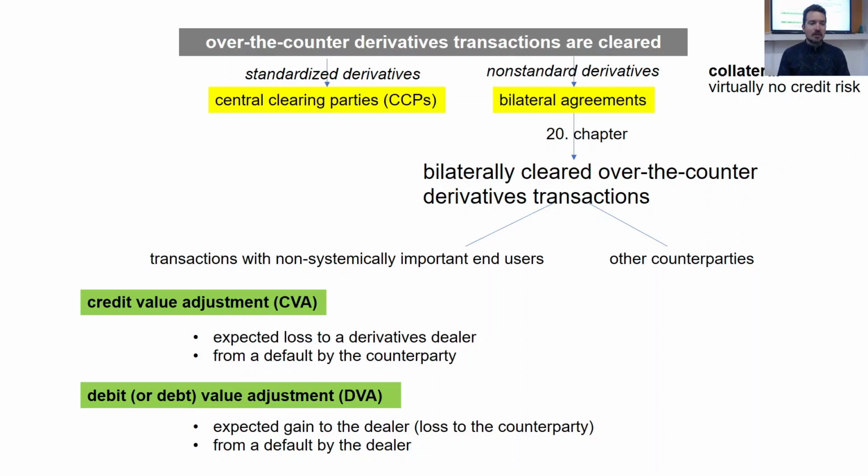So first of all, we have two options. One is the credit value adjustment. It means that we can suffer losses as a derivatives dealer because the counterparty goes down.